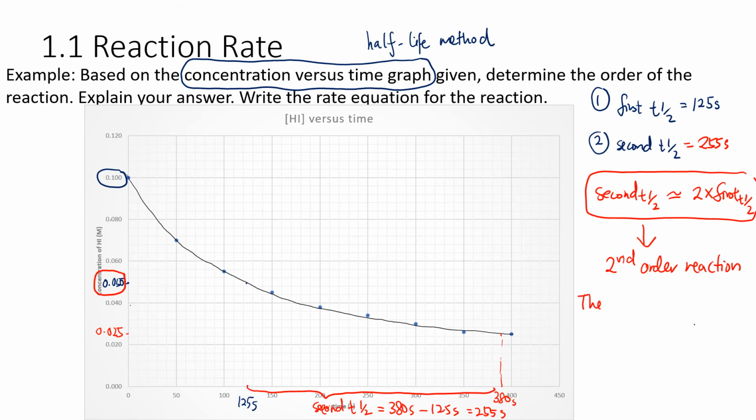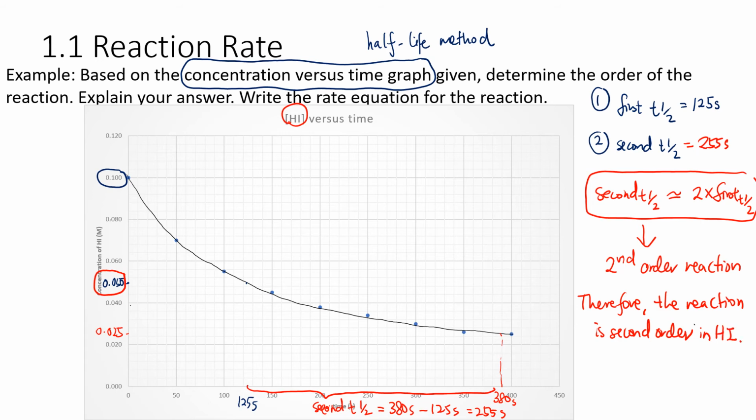Therefore, the reaction is second order, and our reactant is HI, so it is second order in HI.